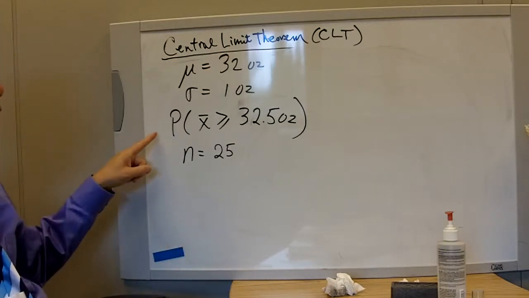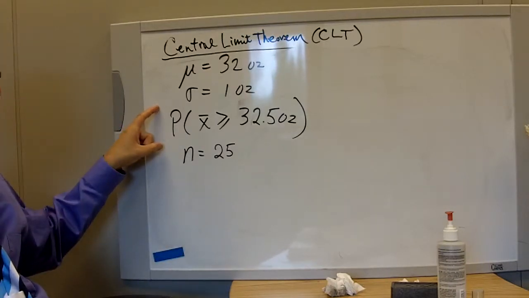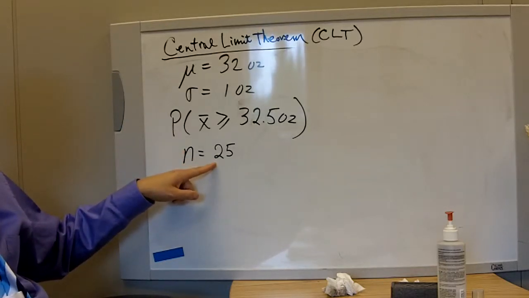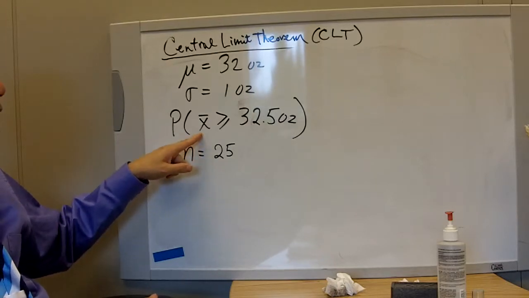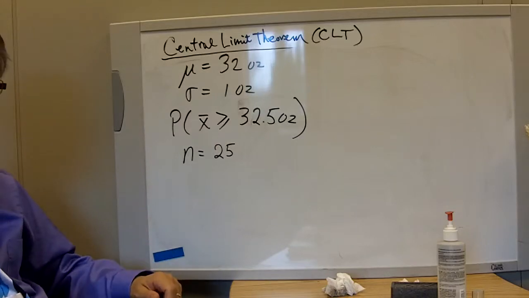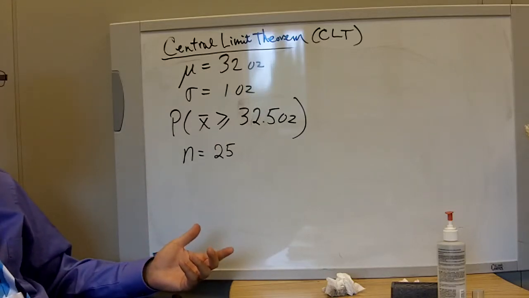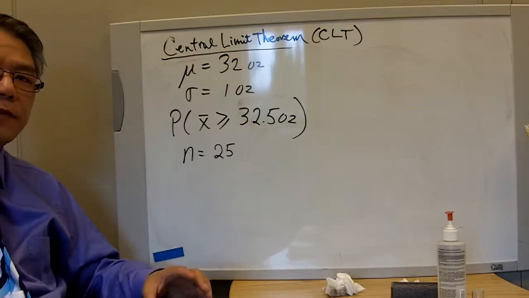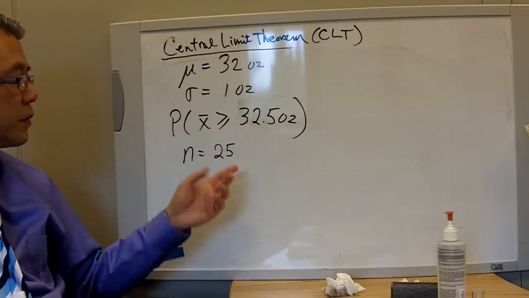So in this case, we have framed the probability question. What's the probability when a sample of 25 bottles is taken, and that 25 bottles would give us a sample mean of greater than or equal to 32.5 ounces. So that's the problem, and we have every single piece of data or information that we need to calculate the probability.